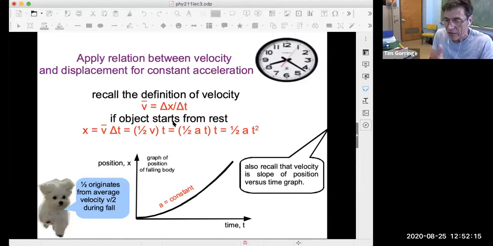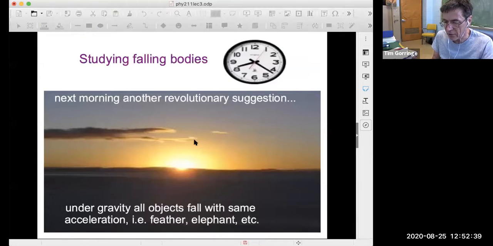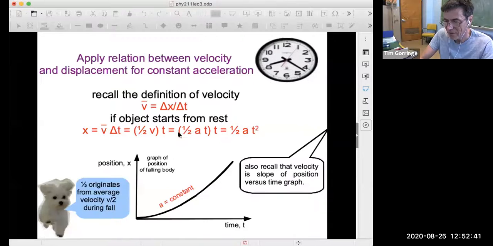So now we know our constant acceleration leads to a linearly increasing velocity. Let's explore next the consequences for the displacement of the object. And to do that, I'm going to use something else from last class, which is our definition of velocity in terms of displacement.